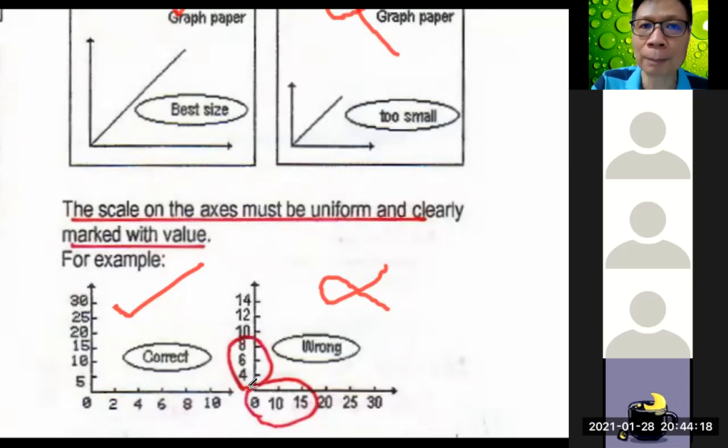Okay, listen, in physics, when plotting a graph, you must start from 0. Because by the end of the day, after you plotted the graph, the next question will be to state the relationship of the graph. So to know the relationship, you must start from 0.